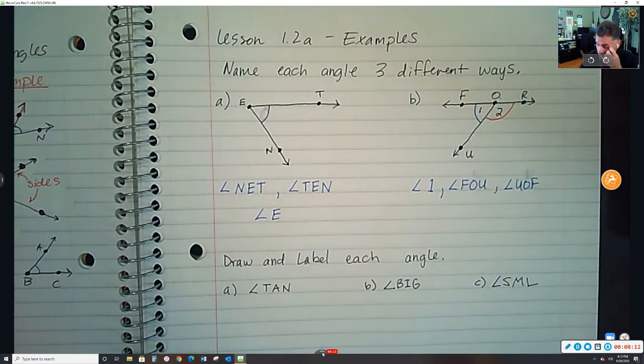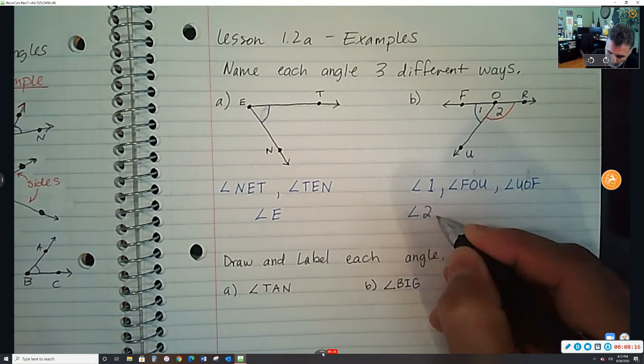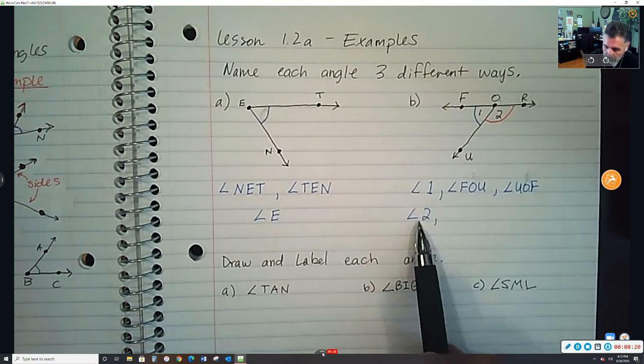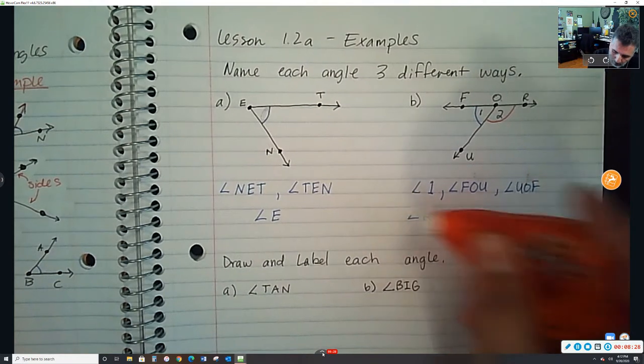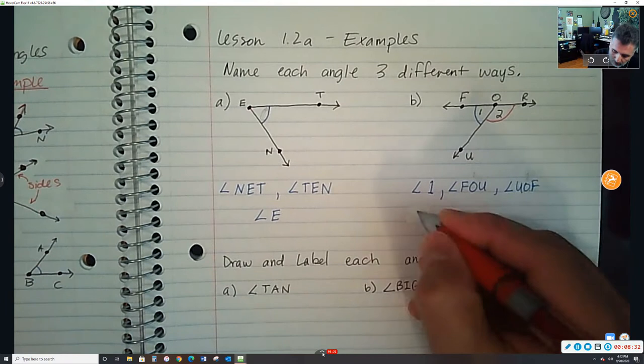Now let's give angle 2 the three names. So that's the first name, and then angle 2. Maybe I should do it in red. Yeah, let me do it in red, since I already called it the red angle. So angle 2.